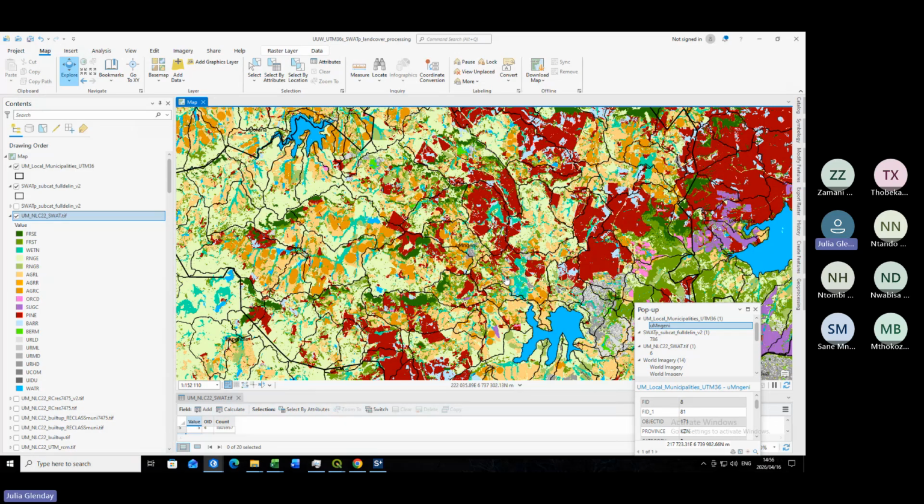Does anybody have any other inputs on the land cover? And then I think let's take a break after that. Does anyone have questions or inputs on land cover, and how it's being input and represented in the model?